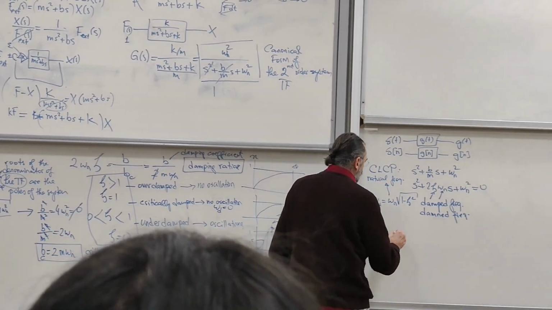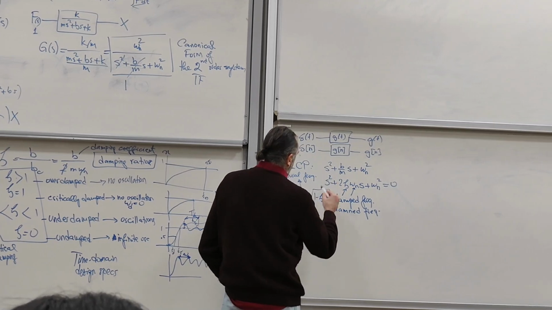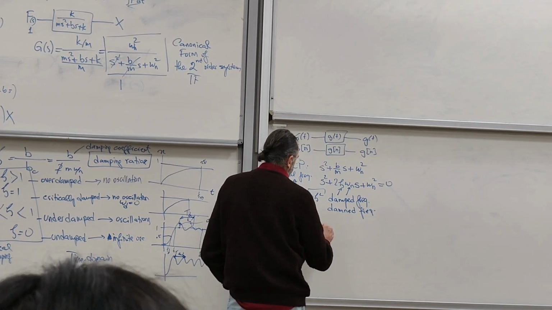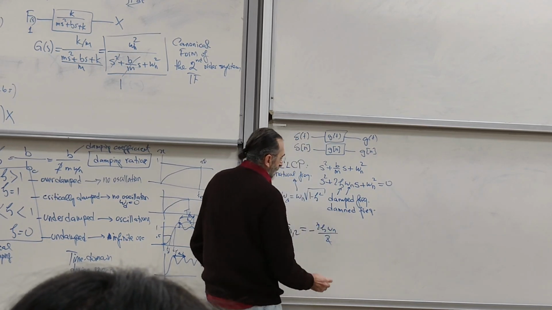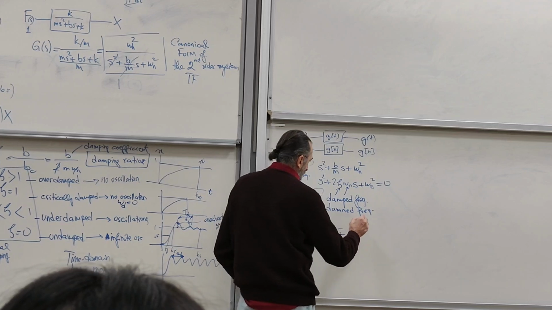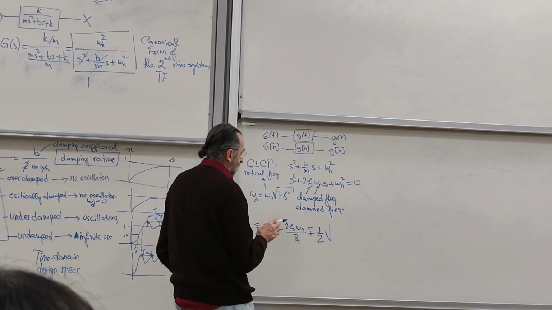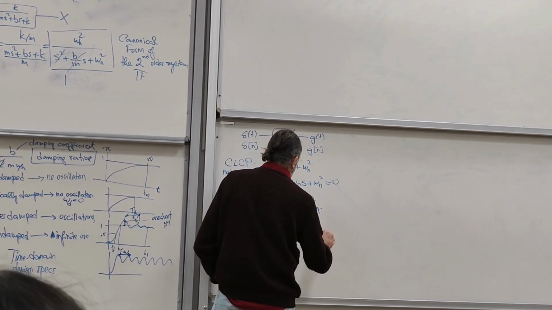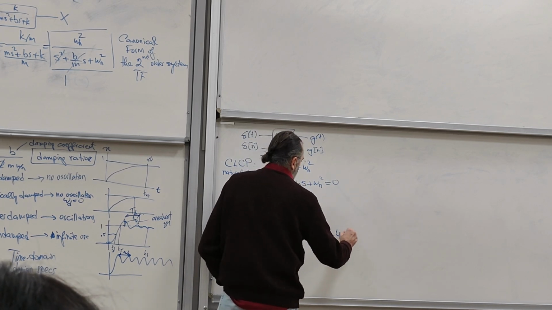So S1 and S2 are going to be equal to minus 2 zeta omega n divided by 2, plus or minus 1 over 2 square root of 4 zeta squared omega n squared minus 4 omega n squared.